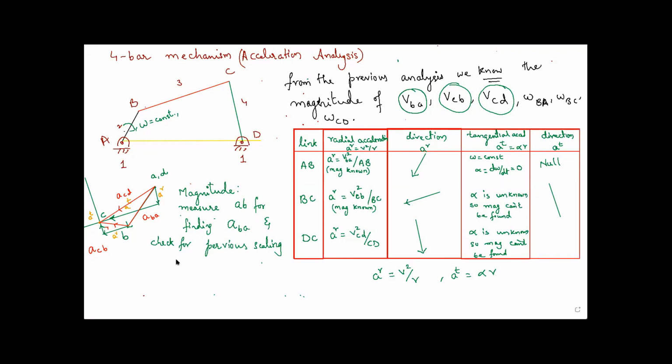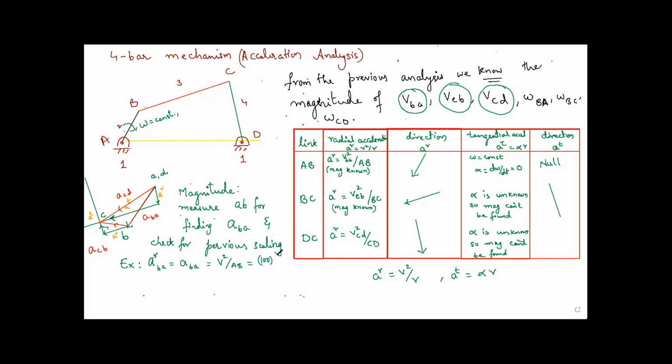For example, I'm giving an example. Suppose you got the value of radial acceleration in the first case, which is radial acceleration of B with respect to A, which is the actual acceleration of B with respect to A. Radial and actual are the same for the first link, which is v square by AB. Suppose v square is, I took 100, right?